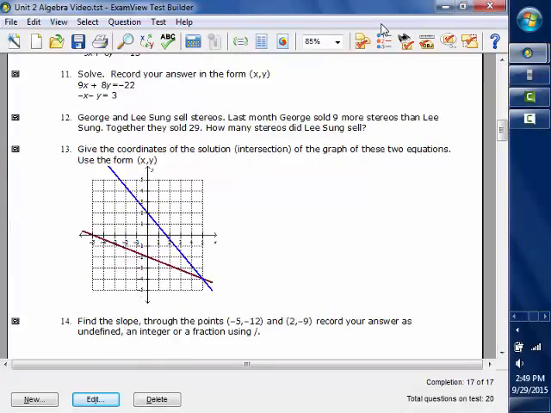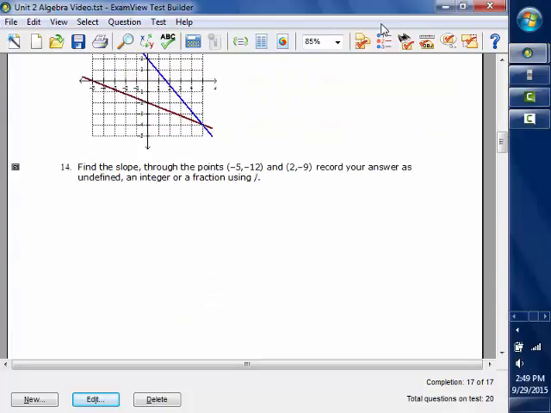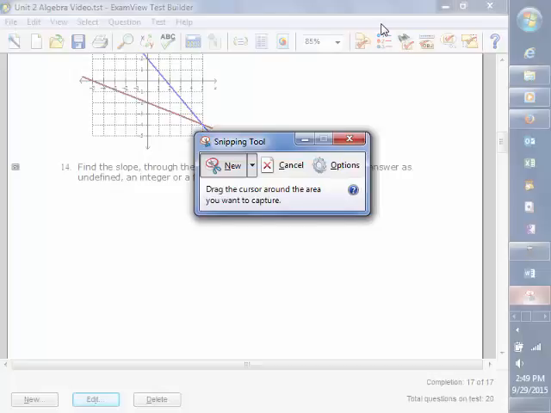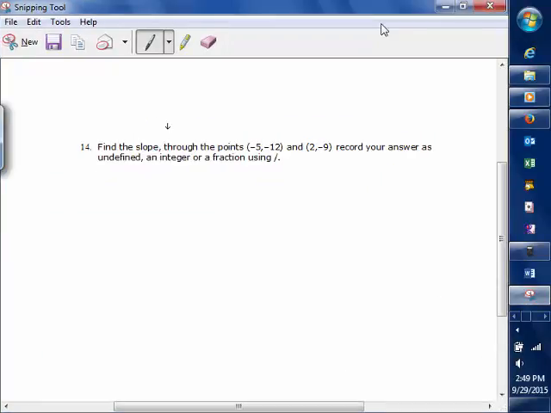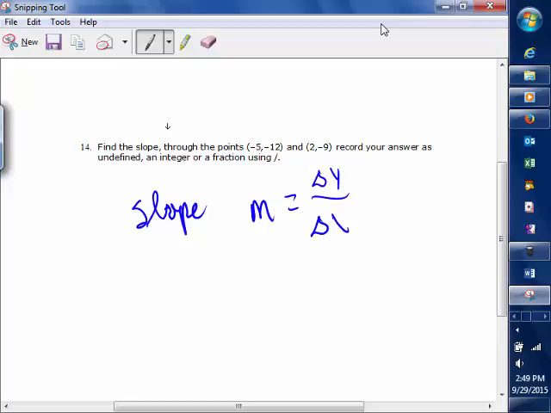Next one, give the coordinates of the solution. So it's over 5, down 4. Find the slope. Slope, remember, is letter M, the change in y over the change in x.